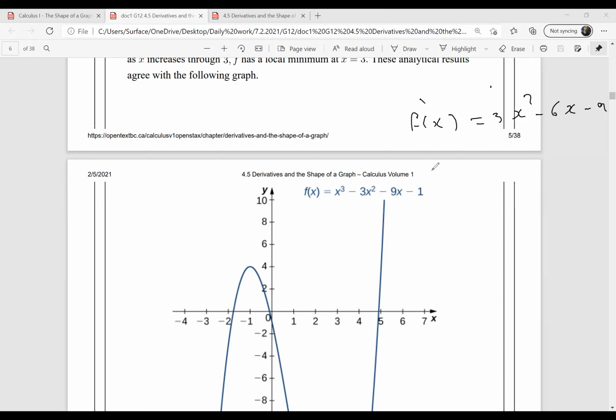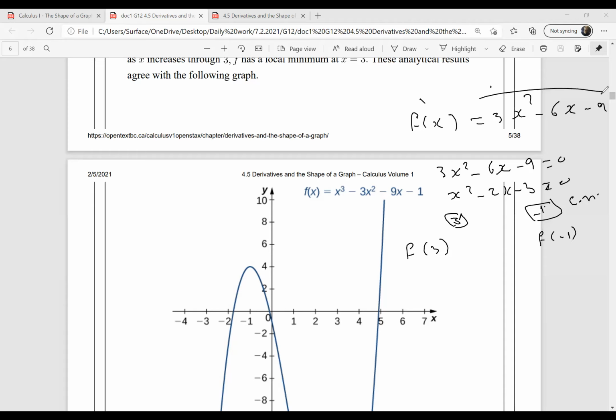Same graph, right? So 3x squared minus 6x minus 9 equal 0, so x squared minus 2x minus 3 equal 0, so 3 and negative 1. Those are the critical numbers. We find f of 3 and f of negative 1 from the original function to find the critical points themselves.